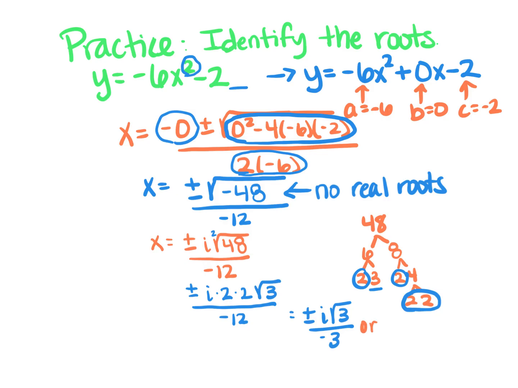Or you might see that written as plus or minus i square root of 3 over 3. Because this negative in the denominator could be divided into that plus minus, it would still remain a plus minus because the positive would change to negative, the negative would change to positive. So I would probably expect it to be written like that if I was looking for the answer.